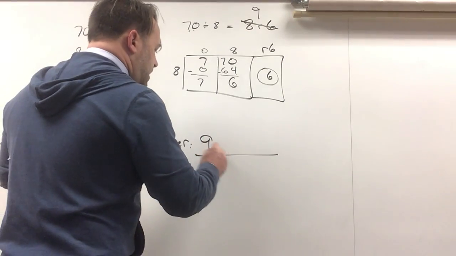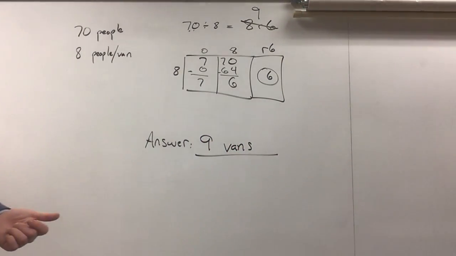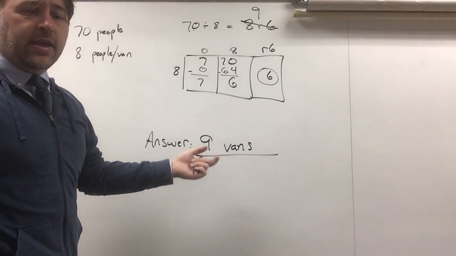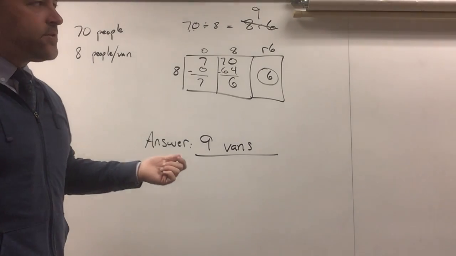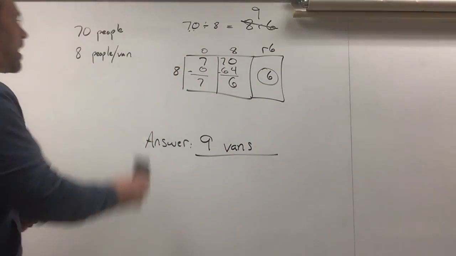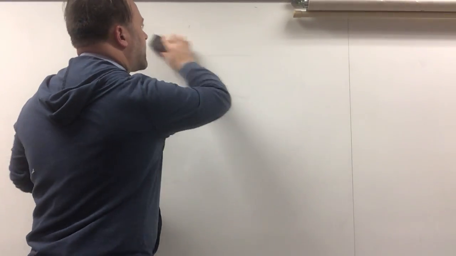So the answer will be 9 vans, okay? So it's solving a problem, getting an answer, and thinking, okay, well, what do I do with this answer now? How can I use it to solve the problem that they asked, okay? That's what interpreting an answer or interpreting remainder is.